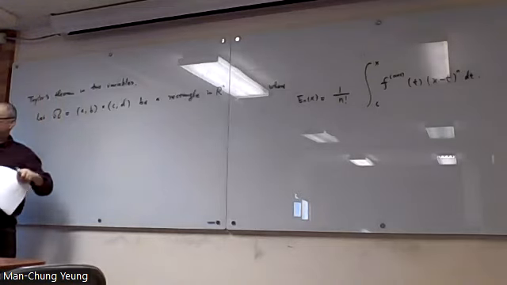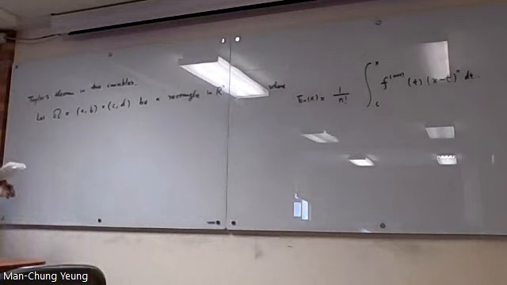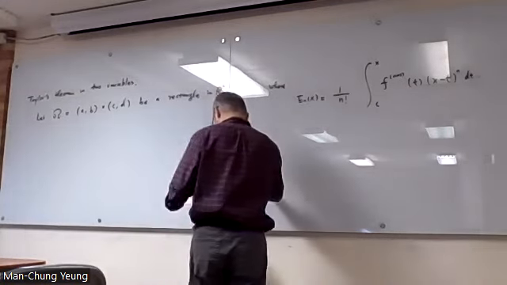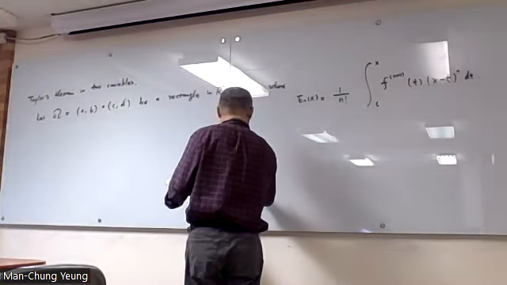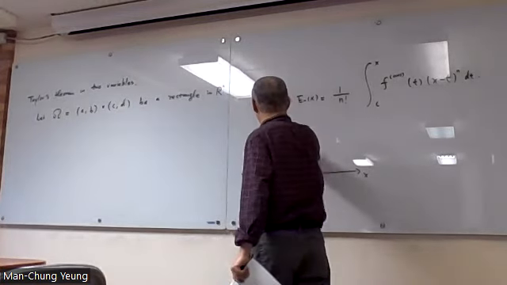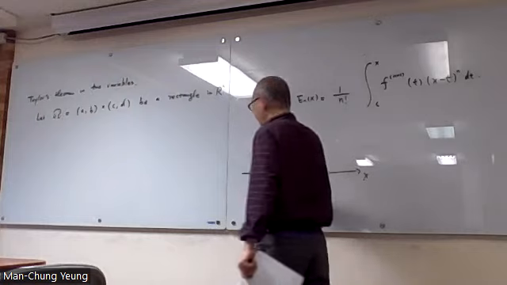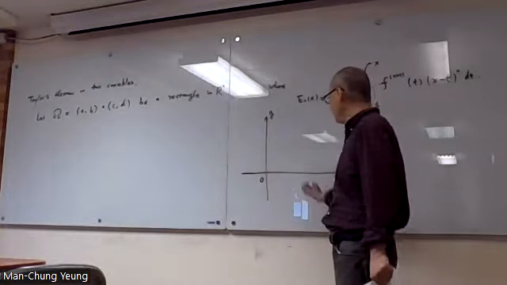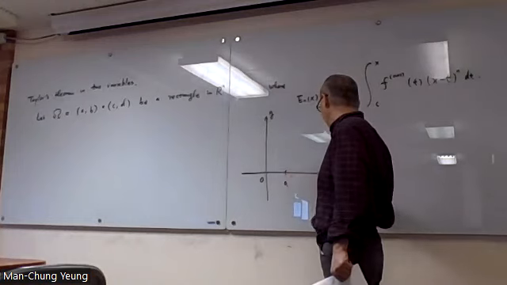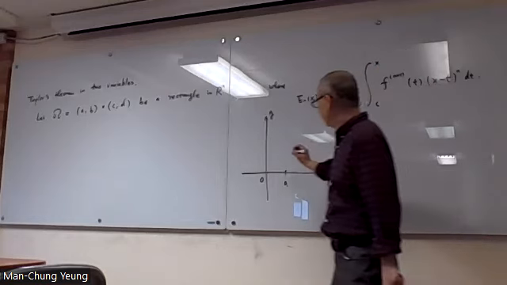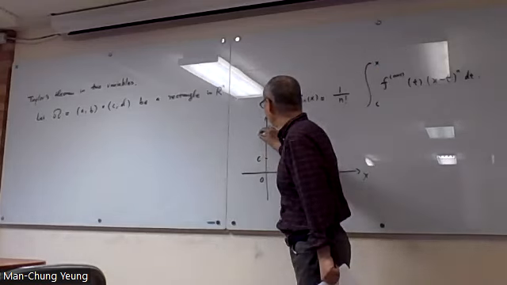It's hard, huh? You don't think so? But anyway, let me plot this rectangle. X, Y, independent variables. Interval AB, say A, B on X axis, CD on Y axis.